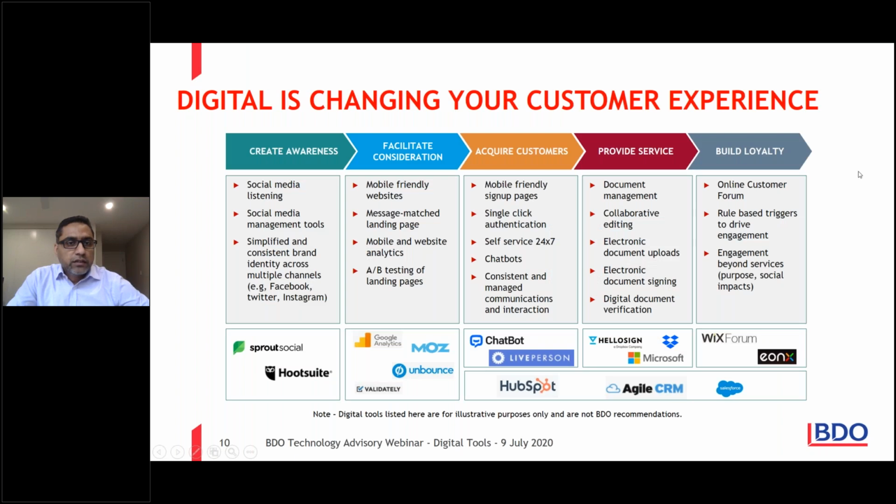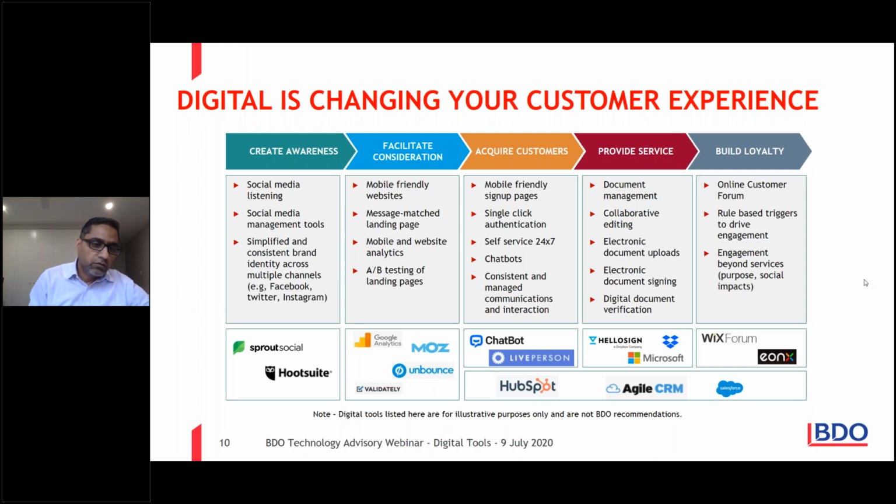So if you look at the customer journey part of it itself, that's where a lot of the digital capabilities are opening up new markets for our clients. They are creating more awareness for the clients, and that's where a lot of the focus of digital has been. So if I look at just the first part, creating awareness, that's where social media listening, social media management tools, and having mechanisms to simplify and keep the brand identity consistent across multiple channels, those types of capabilities are becoming more and more important.